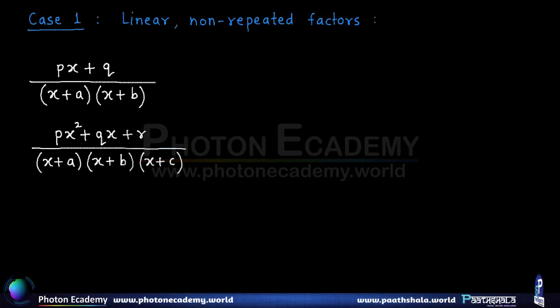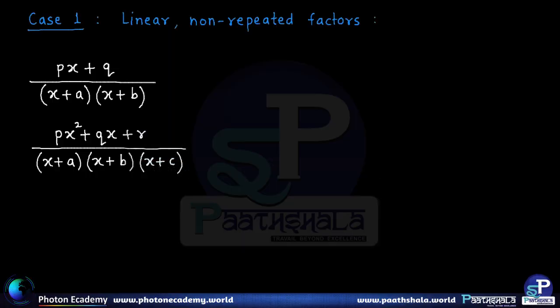Now the first case is that of linear and non-repeated factors. By this we mean that in the denominator, when we factorize, as we have seen earlier, we get all linear factors and each is non-repeated, that means each factor appears only once.